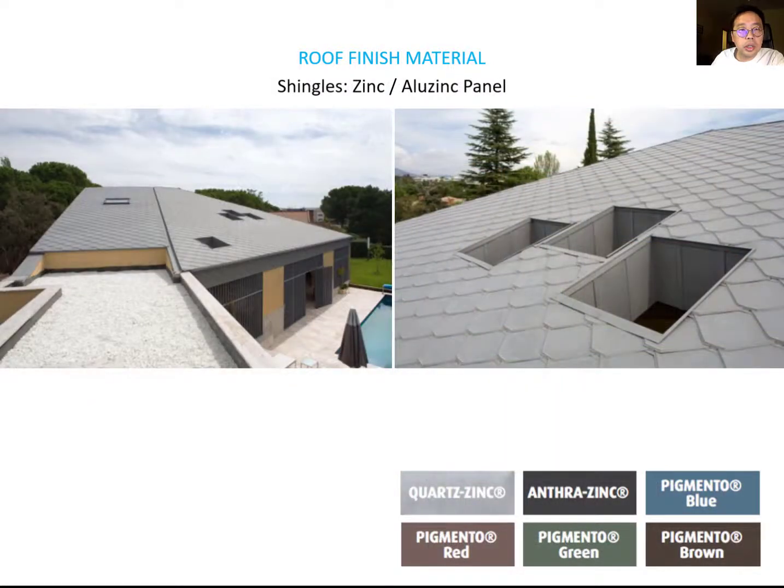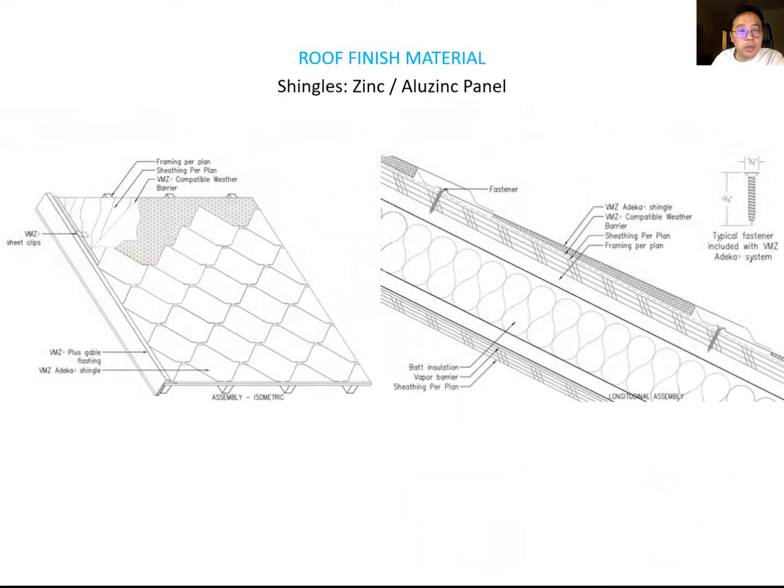Next one is zinc, aluminum zinc shingle. It is a kind of zinc shingle panel. It's very similar to the zinc and aluminum zinc type. Different colors are available, and you simply overlap each panel to panel. You can see the first panel, and then this is the second panel, and they have to be nailed down and protect this corner, because they have to overlap each other to protect against water penetration.